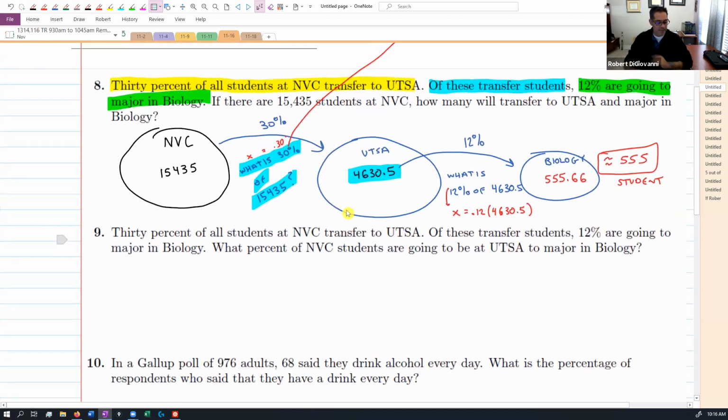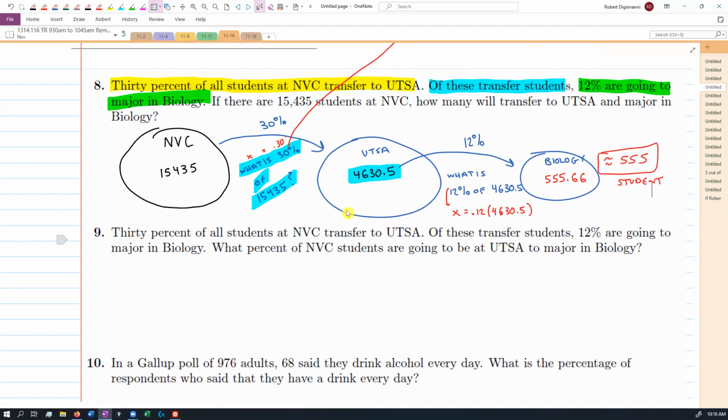Look at number 9. What is the difference between number 8 and number 9? There is a difference. Where to find the percentage? Yeah, so here, do they tell us how many students are at Northwest Vista? No, they don't, right?